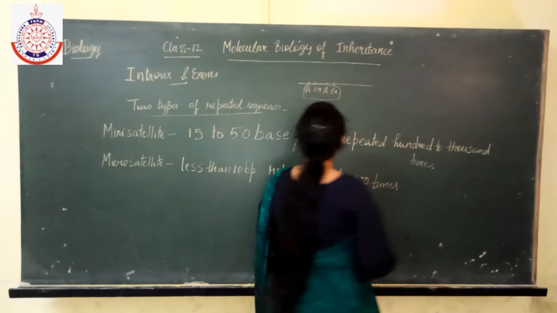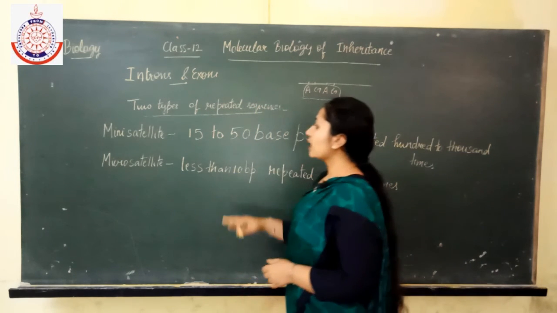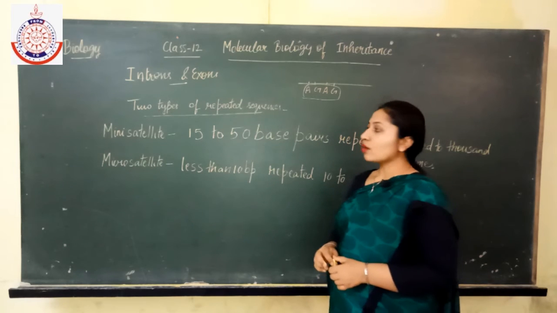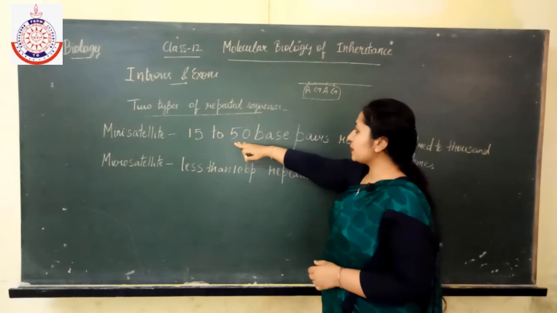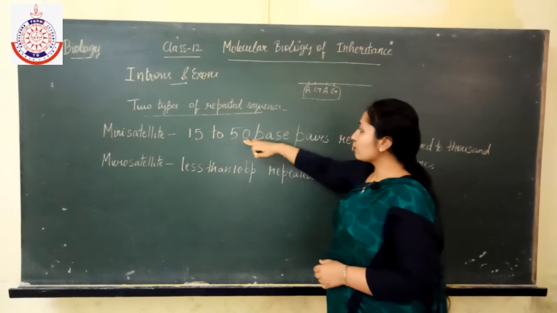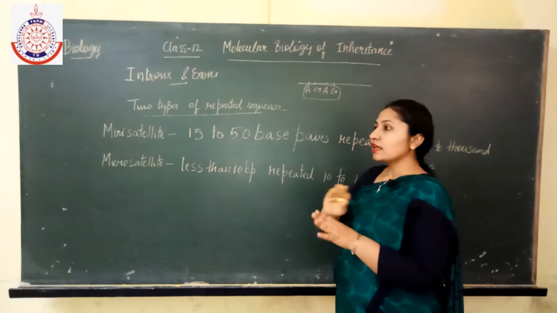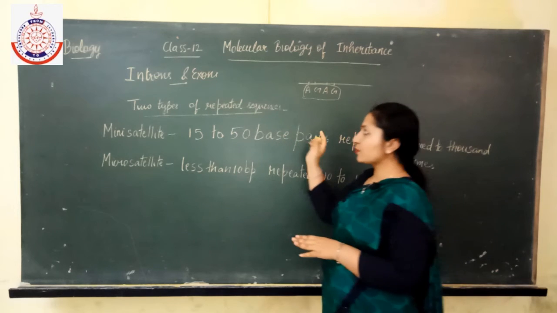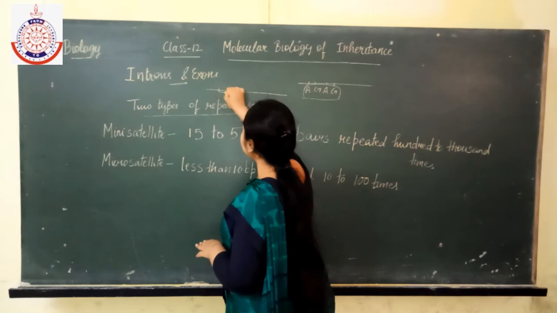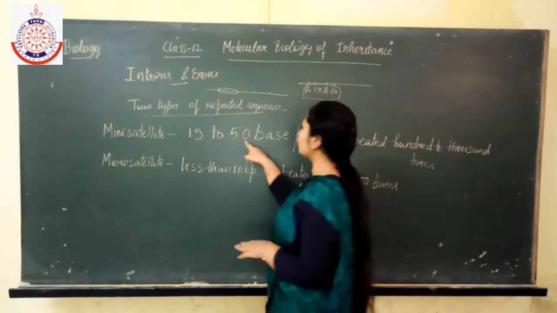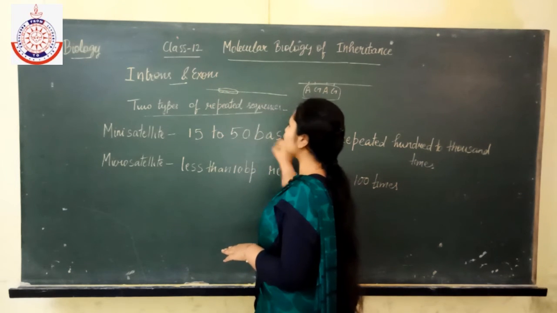Now there are two types of repeated sequences: one is the minisatellites and the second is the microsatellites. Now what are the minisatellites? Minisatellites vary from 15 to 50 base pairs in length. Suppose this is the human genome and this sequence is of 15 to 50 base pairs.